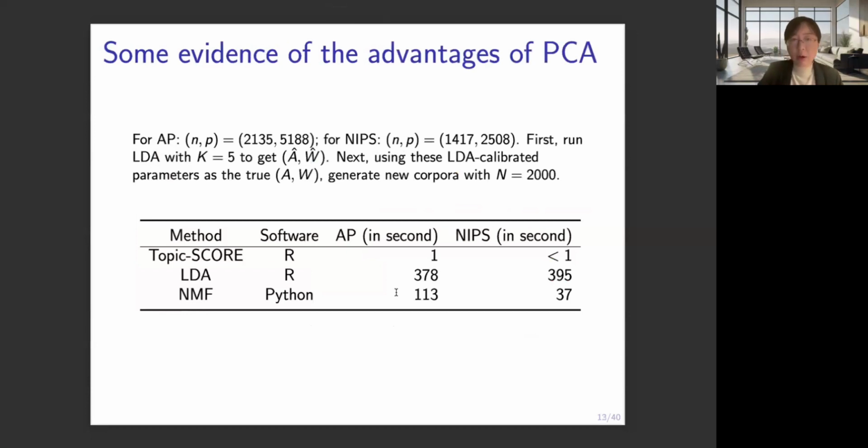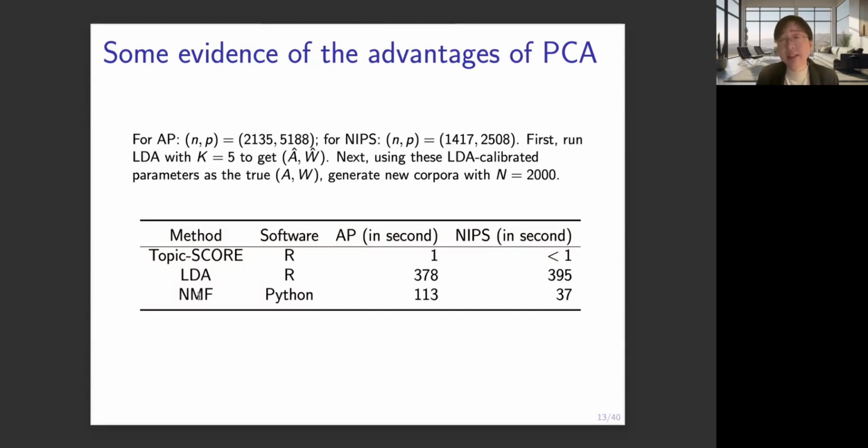This spectral algorithm is called Topic-SCORE. But before I present the algorithm, I want to show you some incentive for doing PCA. LDA represents latent Dirichlet allocation, the most popular approach from the Bayesian literature.